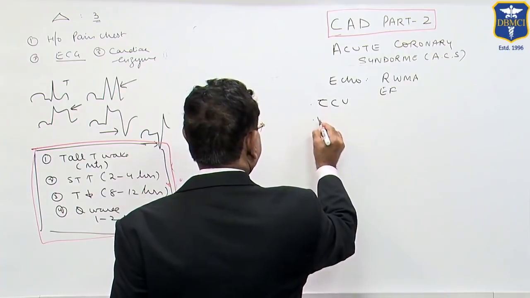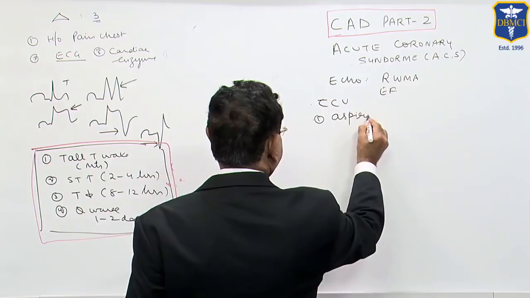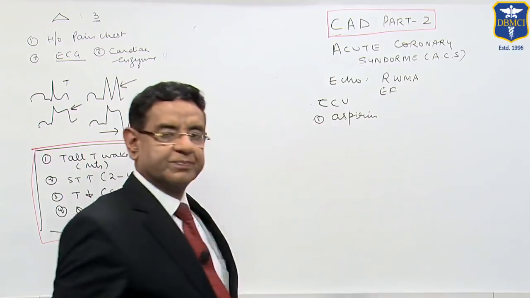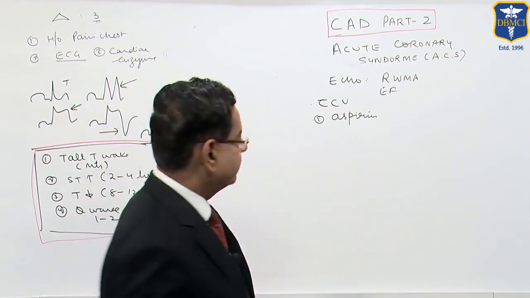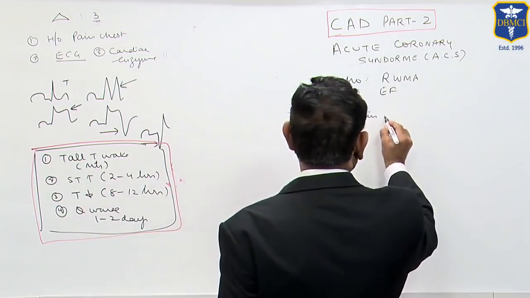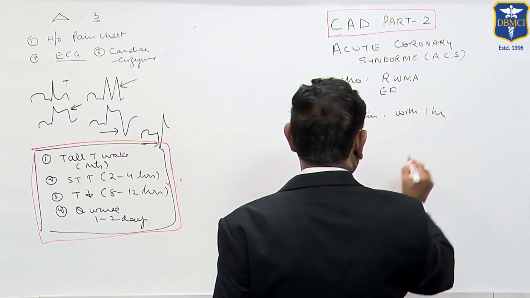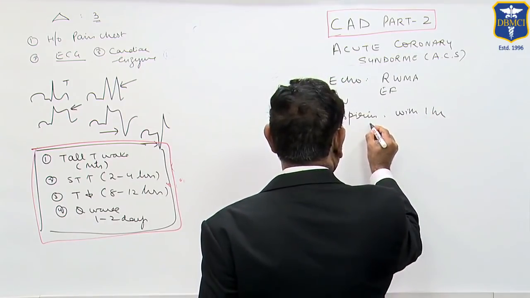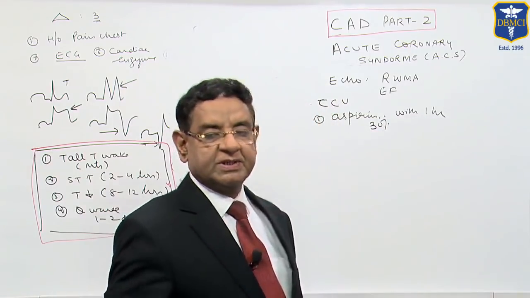First thing I give is aspirin. It is an antiplatelet drug. Its action starts within 1 hour and it reduces mortality by 30%.